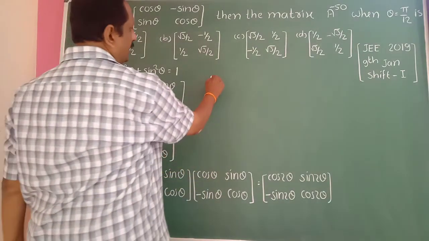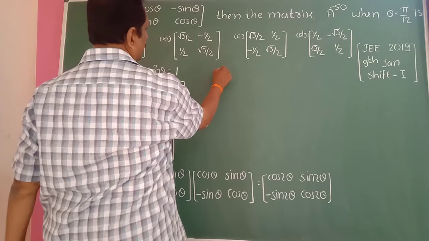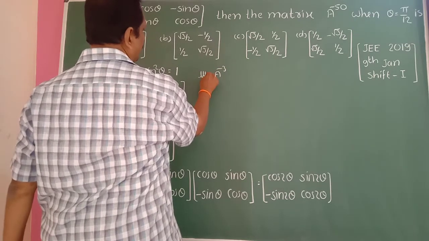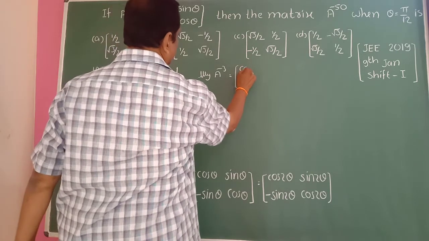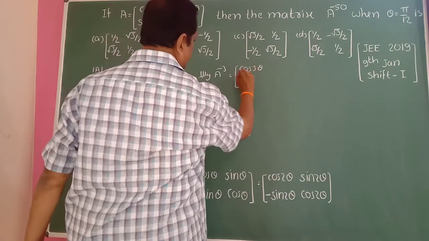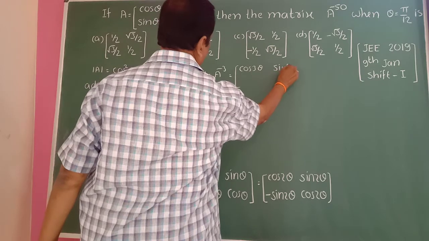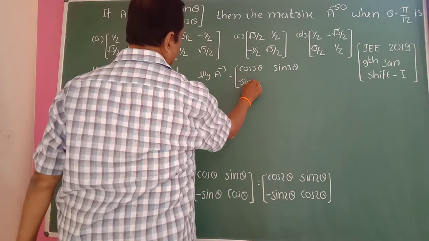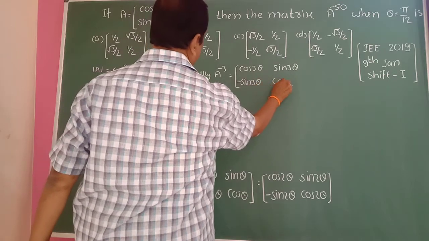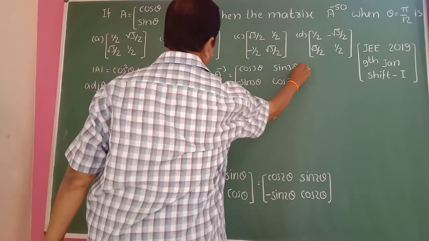Similarly, A raised to minus 3 gives [[cos 3 theta, sin 3 theta], [-sin 3 theta, cos 3 theta]].